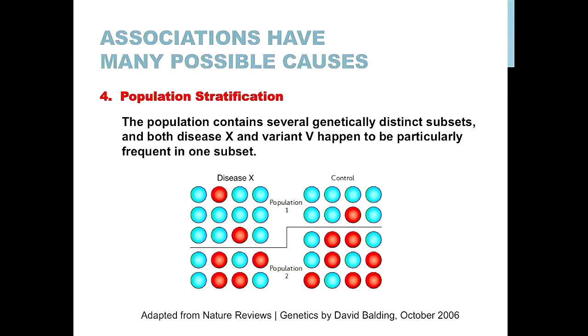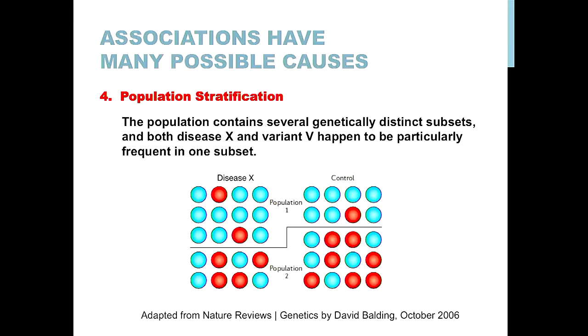Clearly this variant does not confer the ability to eat with chopsticks. It's just that people with the A1 variant were more commonly Chinese than white, so you get a spurious association that's purely a matter of the way the population is stratified.